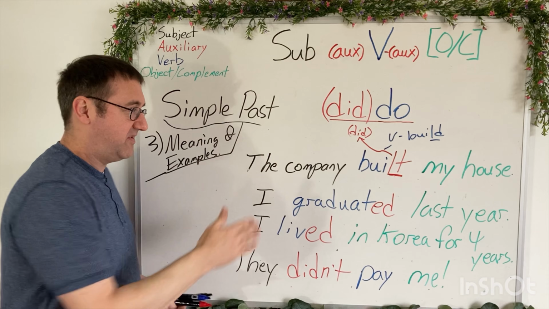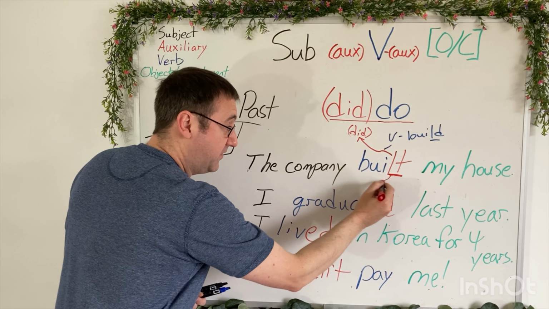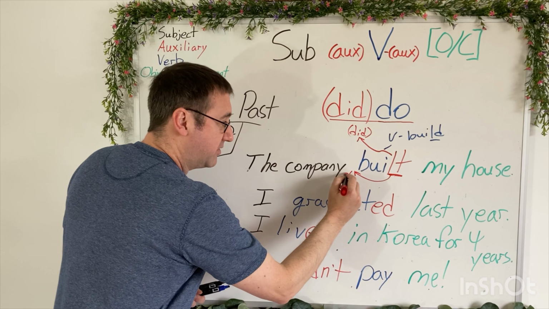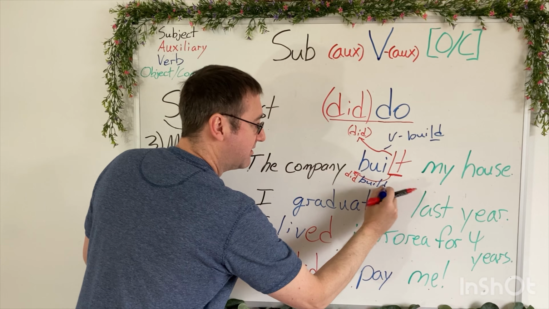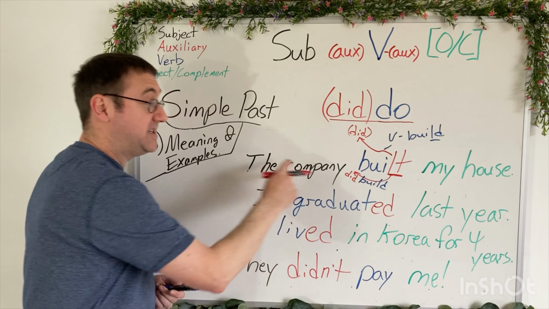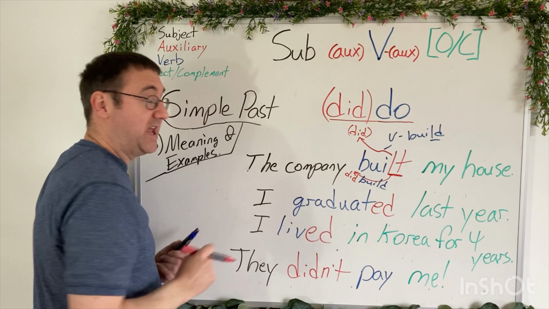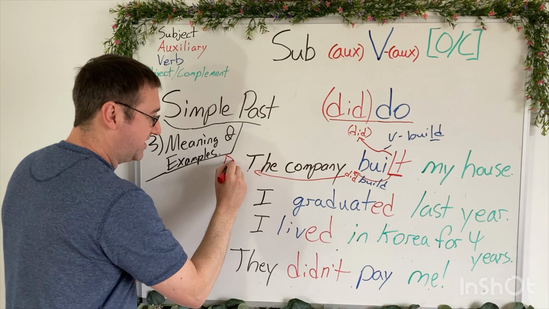And if we wanted, this is normal meaning. And if we want to say it strong, we would move this over and we would just say did build. The company did build my house. Negative, didn't build. Just add that negative in. And if we wanted to make the question, again, we'd move it all the way over to the front.